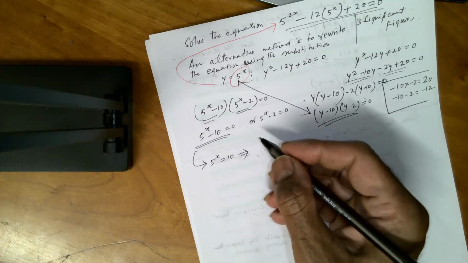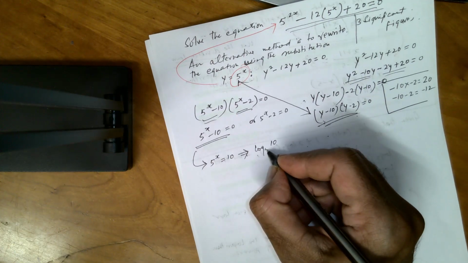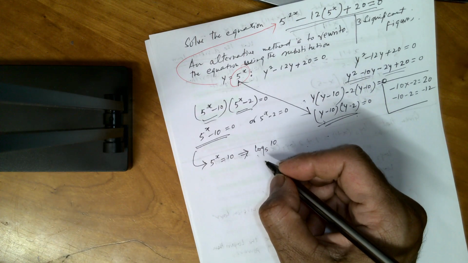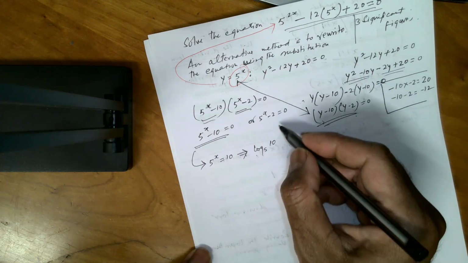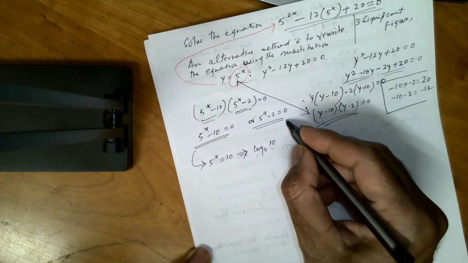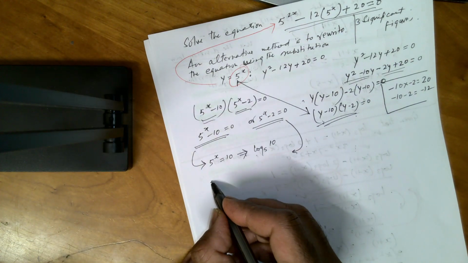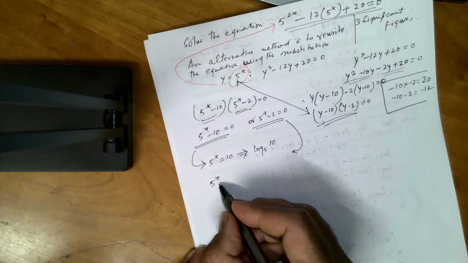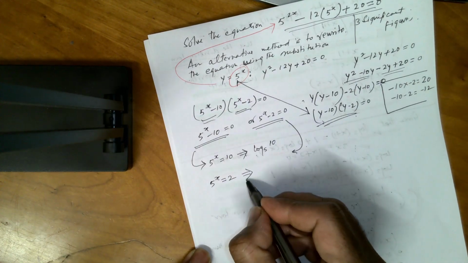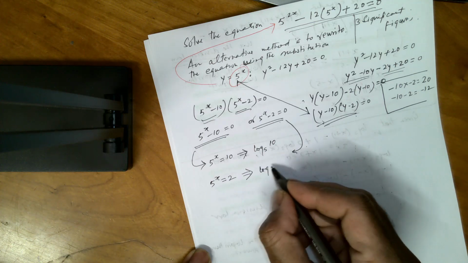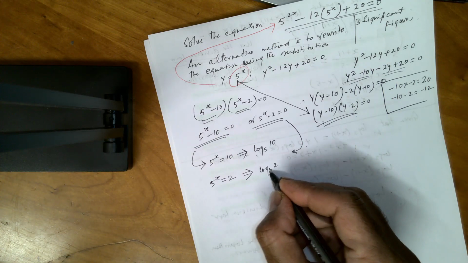This can be written as log of 10 to the base 5. And write down the other one as well: 5 to the power x is equal to 2, and you can write this in logarithm form, so logarithm of 2 to base 5.